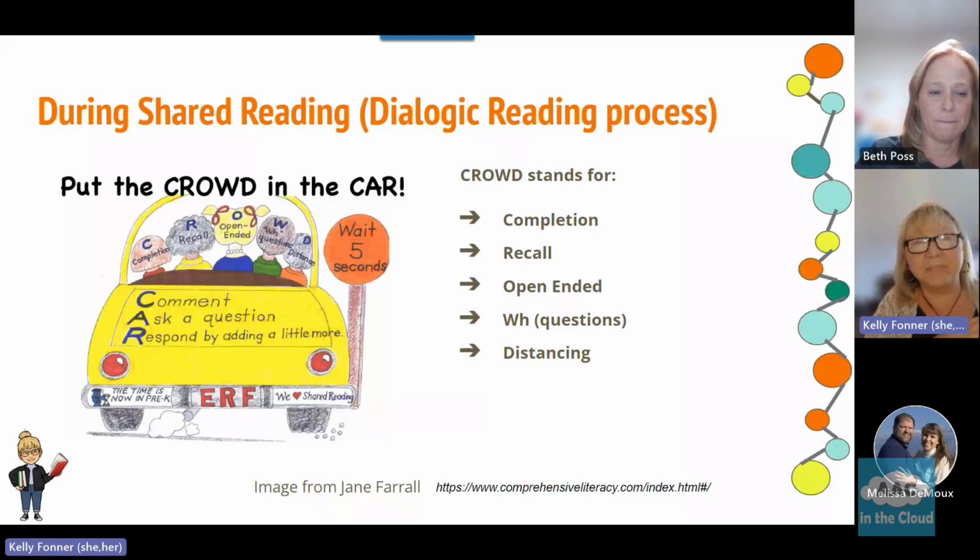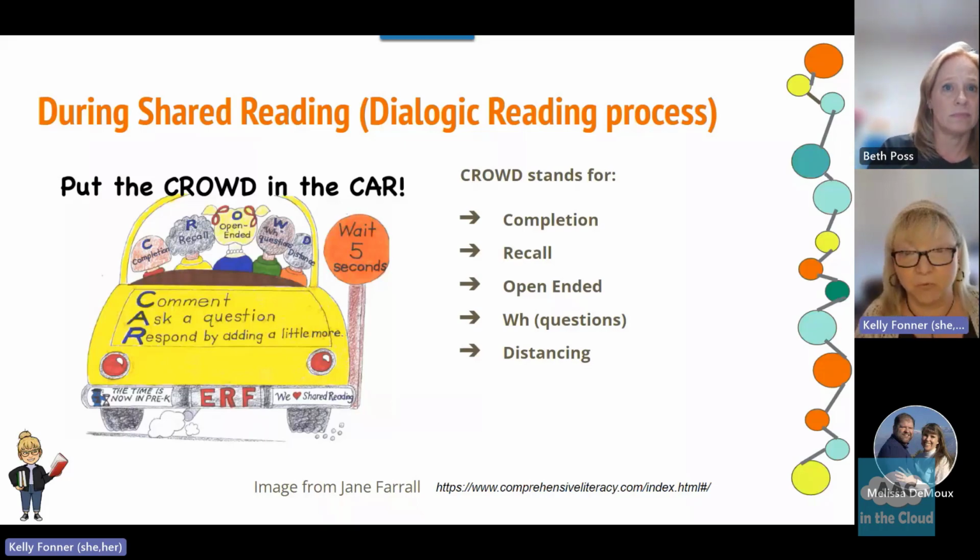And people will have certain strategies. And of course, there can't be enough acronyms in our world, so we have to have some more. And you'll hear people talk about the CROWD and the CAR. The CAR is explained in shared reading as a process of commenting, asking a question, and then responding by adding a little bit more.